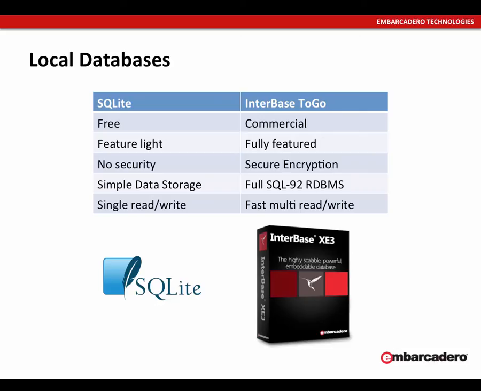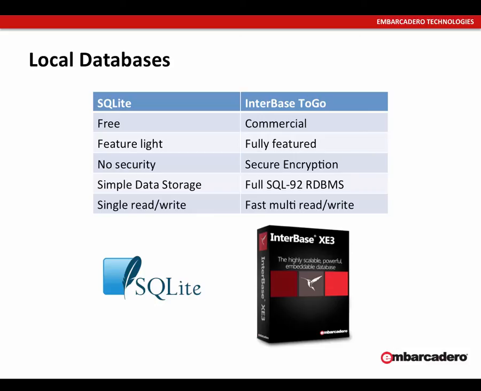You can literally open it up and read it in Notepad if you want to and see everything that's in there in clear text. It is very simple storage that's got a single read, single write mechanism, so you can't be doing multiple threads against it particularly safely. If you compare that to InterBase To Go, then it's fully featured, it's got secure encryption.